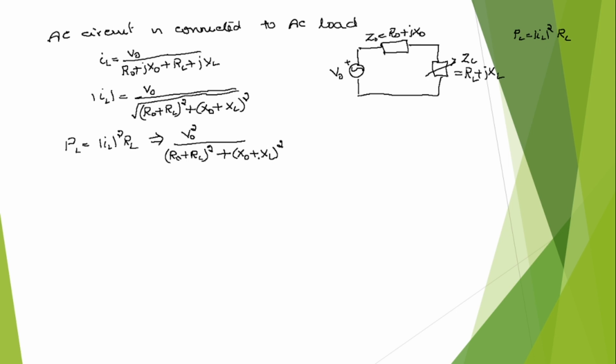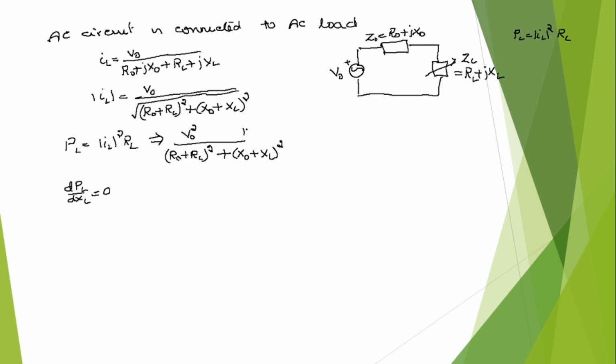So what are XL and RL when maximum power is transferred? We need dPL by dXL equal to 0 as well as dPL by dRL equal to 0.